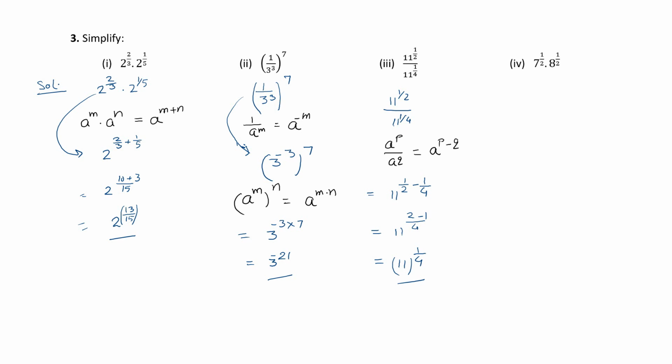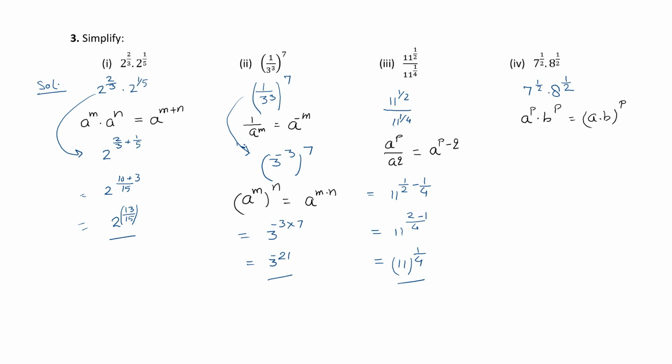So this is the answer. Again, next one is 7 to the power 1/2 times 8 to the power 1/2. So again, there is an identity, that is a to the power p times b to the power p, and that is equal to a times b to the power p.